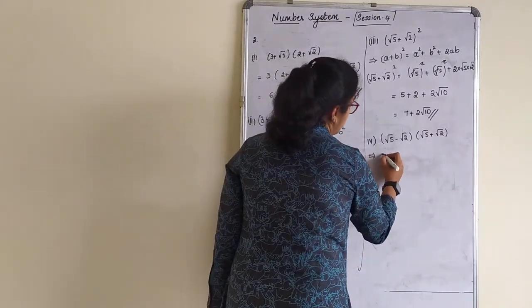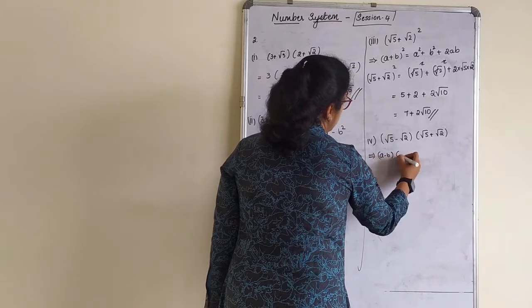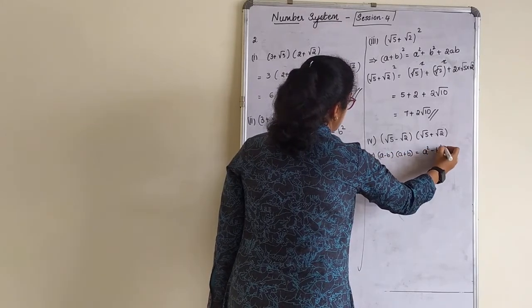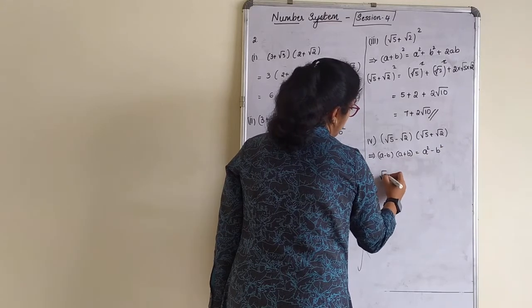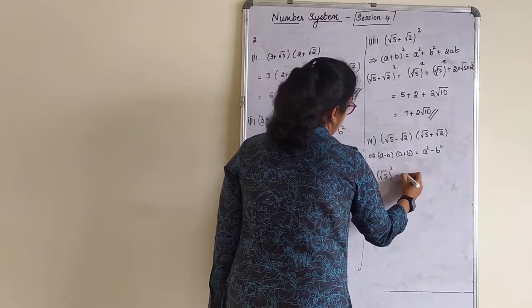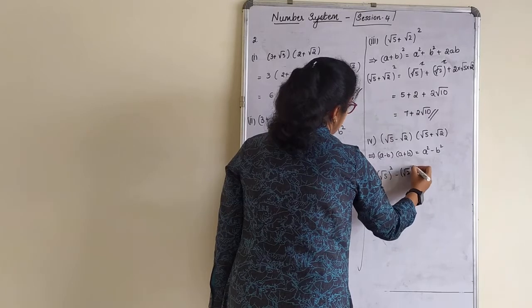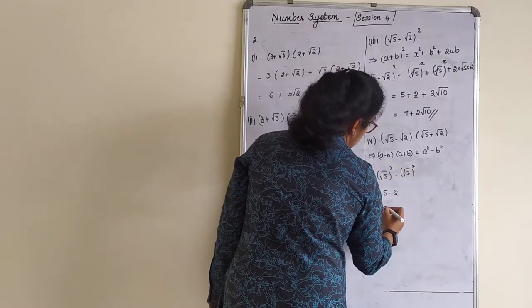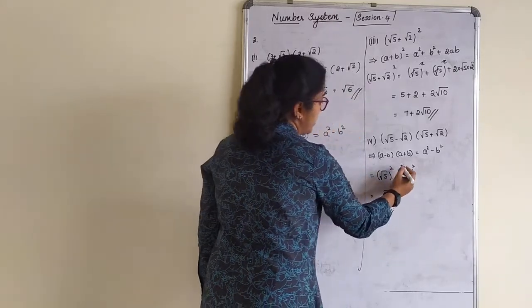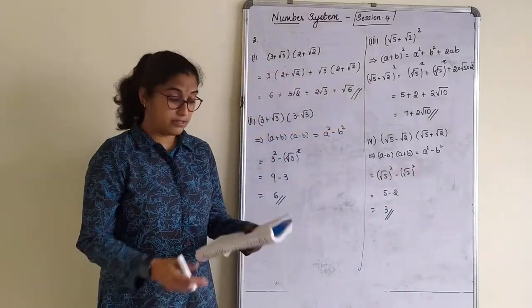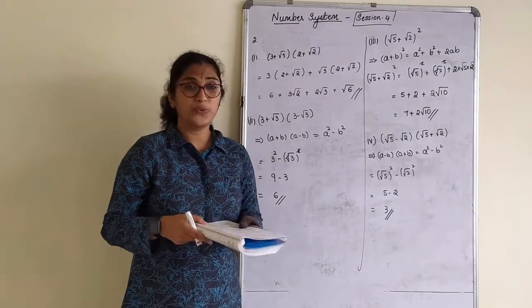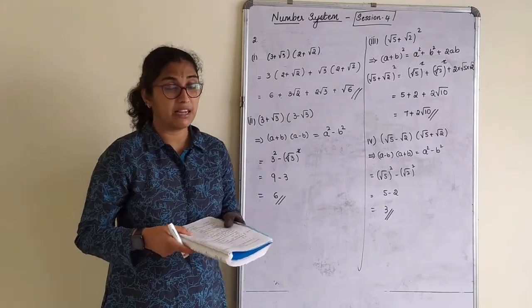This is of the form a minus b, a plus b, which is a square minus b square, that is equal to root 5 whole square minus root 2 whole square. 5 minus 2 is equal to 3. Square and root will get cancelled. So there we complete this exercise. Third one I will just orally dictate the answer. You can write it.